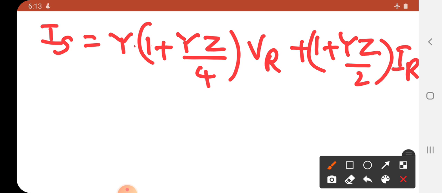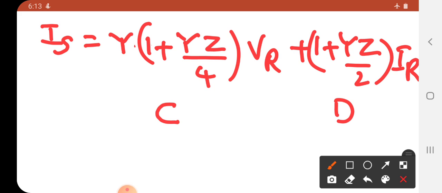Now we can compare this equation with Is is equal to C into VR plus D into IR. So hence we got the ABCD constants of a long transmission line for the nominal pi representation.